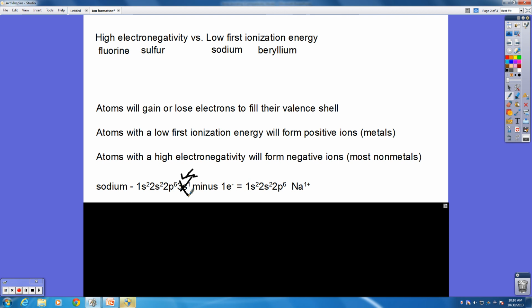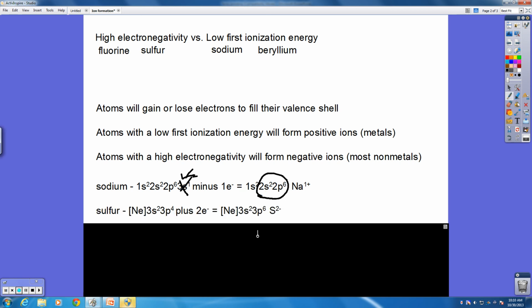And you'll notice now we have a full valence shell here, 2 plus 6, which is 8. And we write that as sodium with a superscript 1 plus, meaning sodium with one extra positive compared to negatives. It hasn't gained protons, that would make it a new element. It's lost an electron, but that gives it a 1 plus charge.